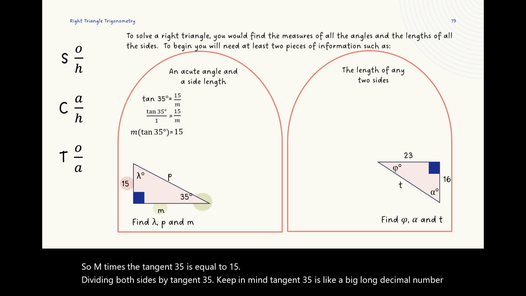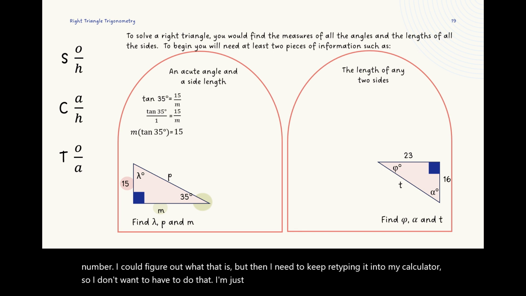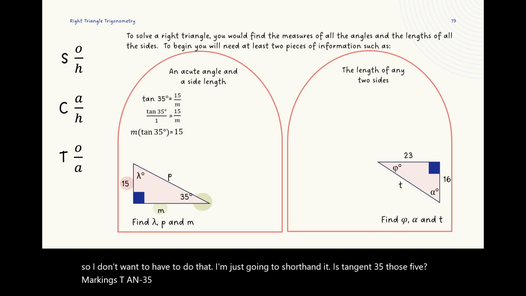I could figure out what that is, but then I need to keep retyping it into my calculator. So I don't want to have to do that. I'm just going to shorthand it as tangent 35. Those 5 markings, TAN 35, are fewer digits than any decimal that I would need to keep. So I'm going to keep it as tangent 35.